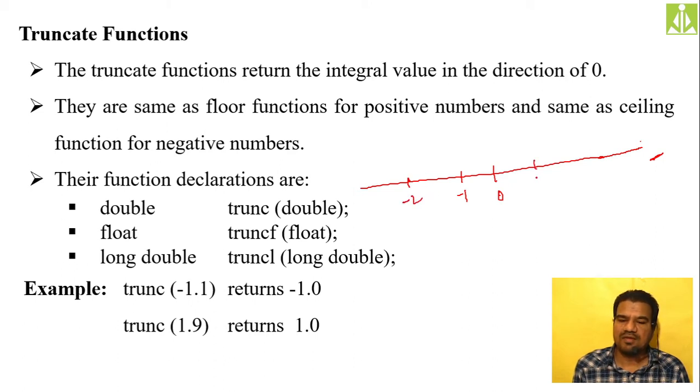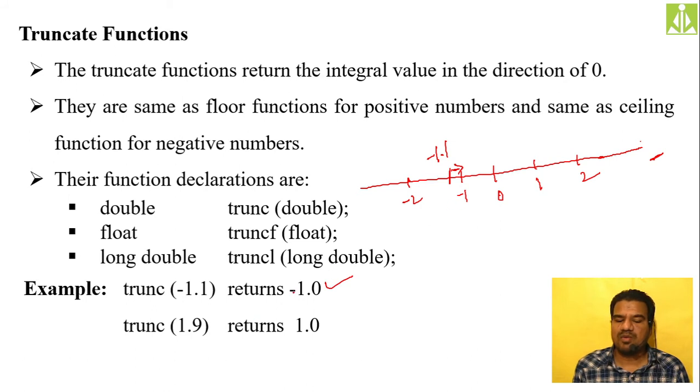So 1 will come over here, 2 will come over here. My first value is -1.1, somewhere over here. We have to move in the direction of 0. So we will move like this and we find -1 as our nearest integral value. So for -1.1 the trunc value will be -1.0.